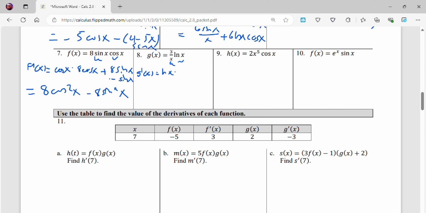So this 3 over x becomes negative 3 over x squared, plus u v prime. So the derivative of ln x is 1 over x. So we get ln x times negative 3 over x squared plus 3 over x squared.